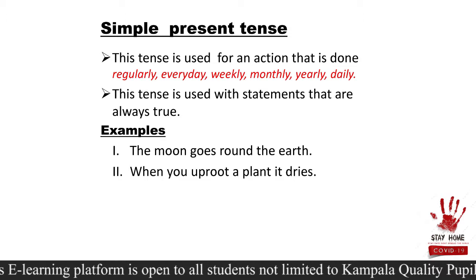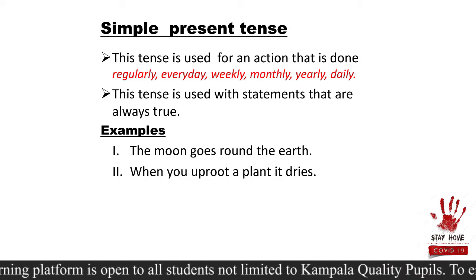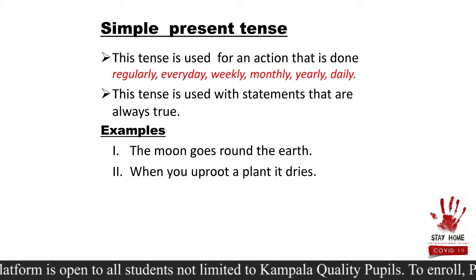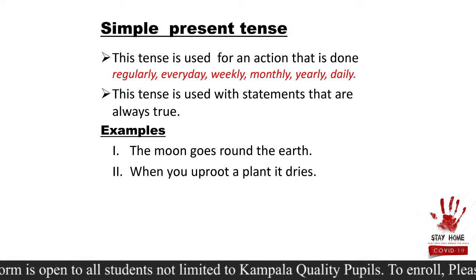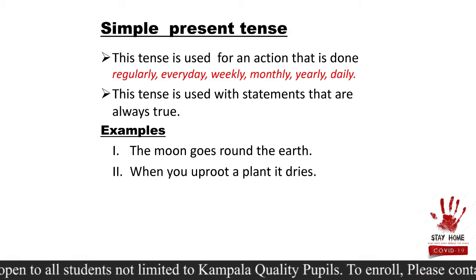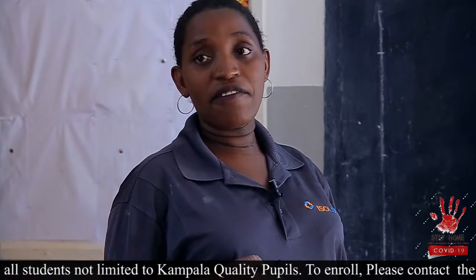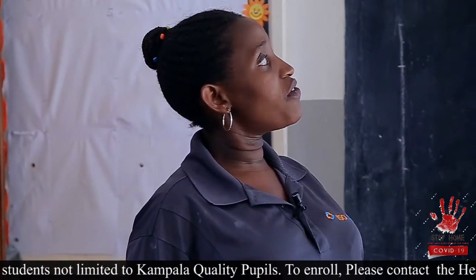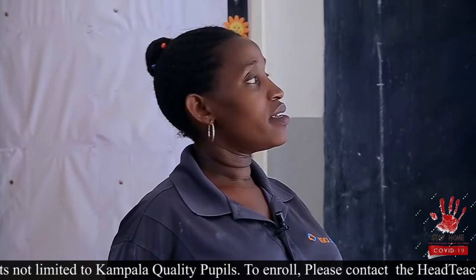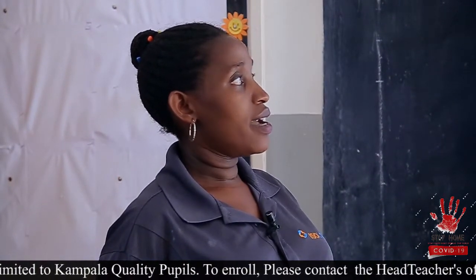We say this tense is used for an action that is done regularly: every day, weekly, monthly, yearly, and daily. This tense, you see, we use it for actions. Remember we said an action word is a verb. That means we use it with the verbs that we do regularly, every day, weekly, monthly, yearly, and daily.